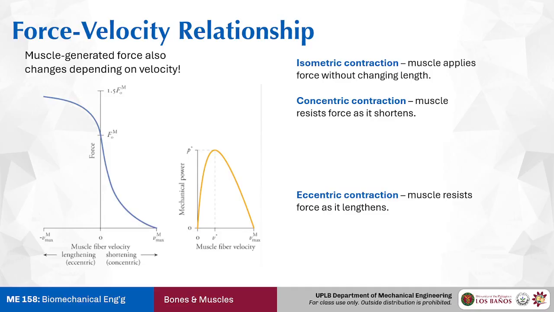So, when you're doing isometric contraction, that's the nominal force that the muscle can apply. So what happens then if the muscle is being contracted while it's pulling, but its contraction is quite fast? Imagine that your biceps are shortening quite fast.